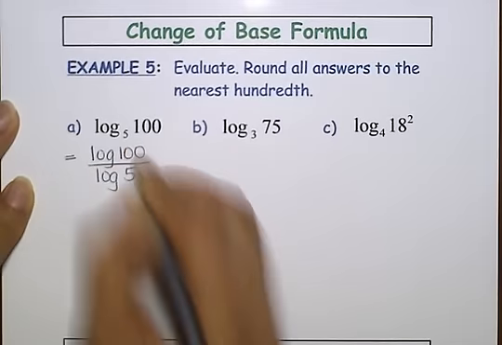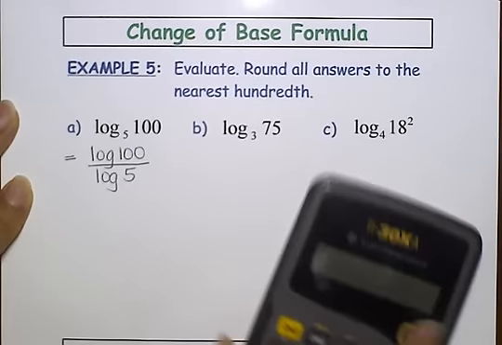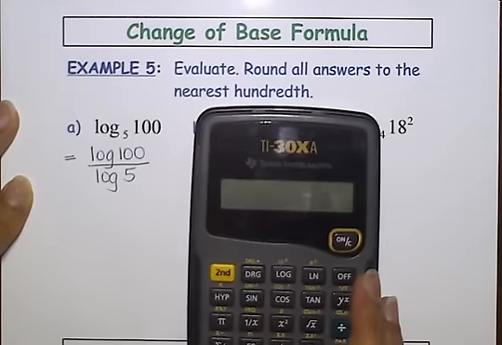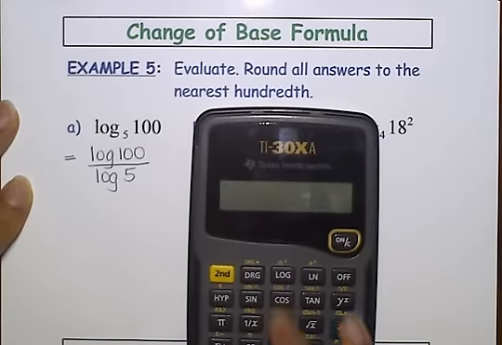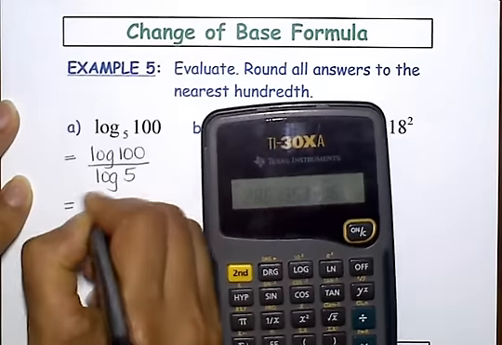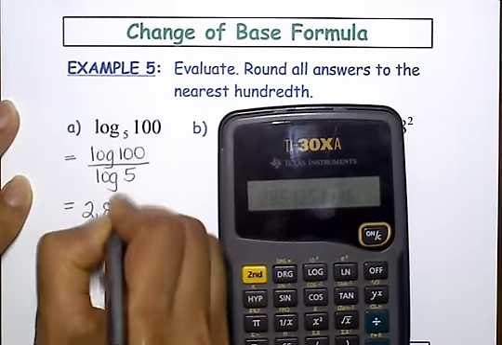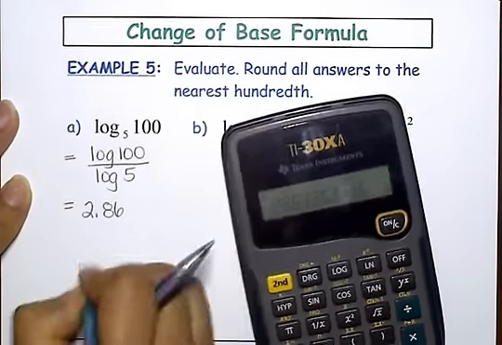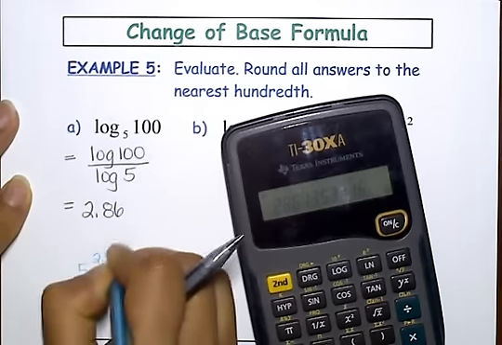And because we're looking at common logarithms, when we've rewritten this, we can use our calculator to help us evaluate. So the log of 100 divided by the log of 5 gives me a result of 2.86. And I can check my work, because what this actually means is 5 to the exponent 2.86 should equal 100.